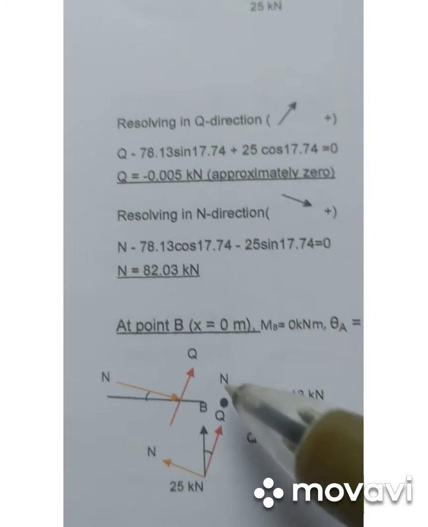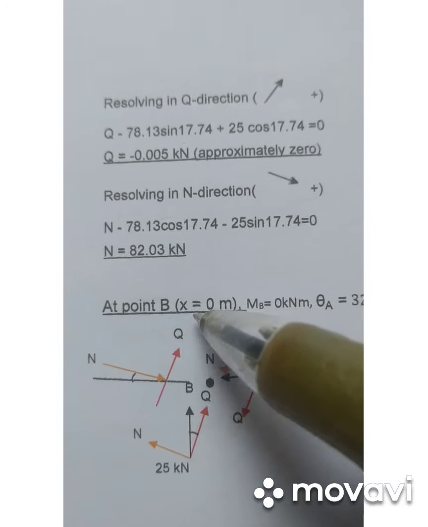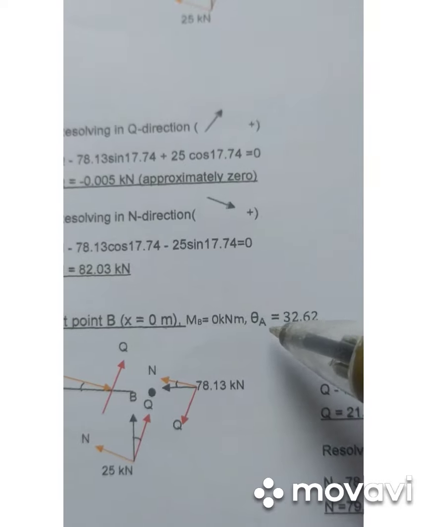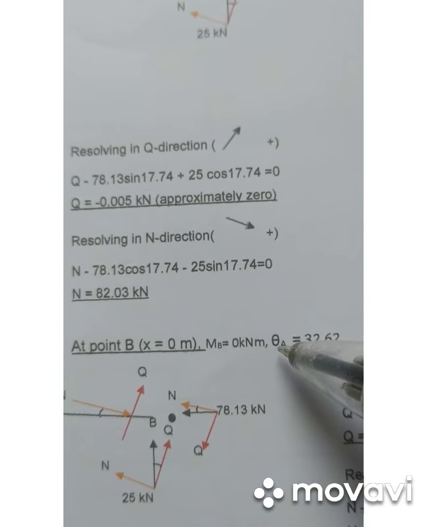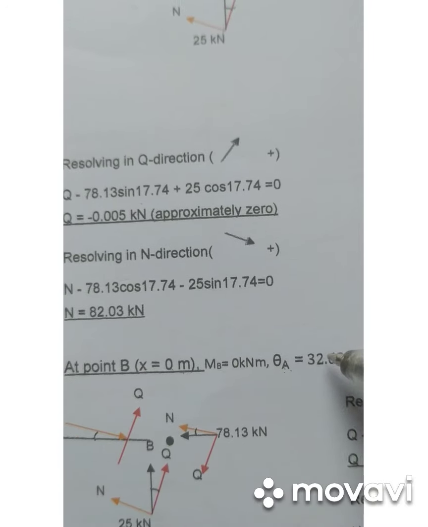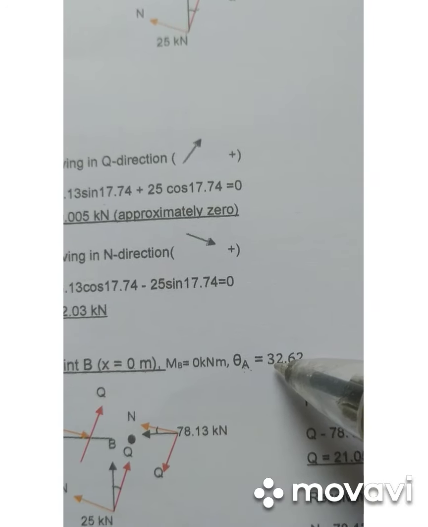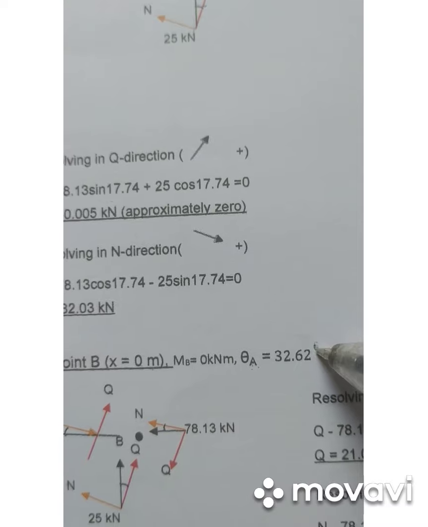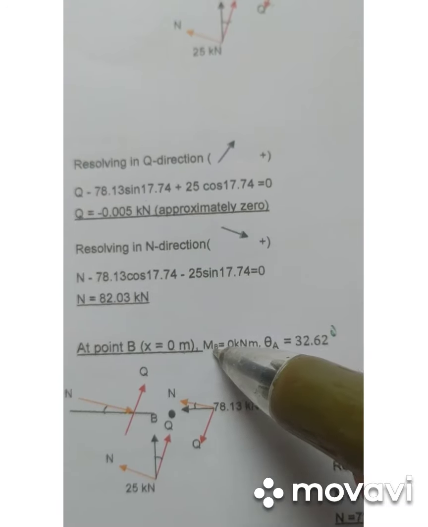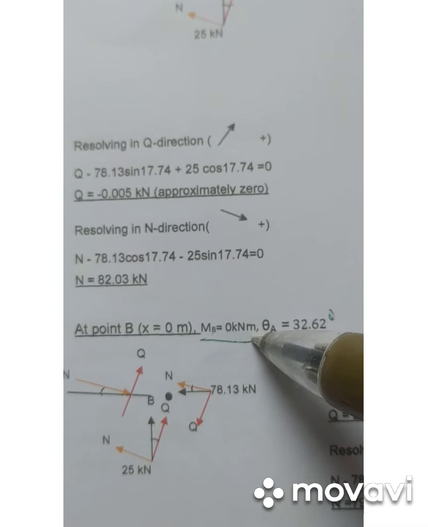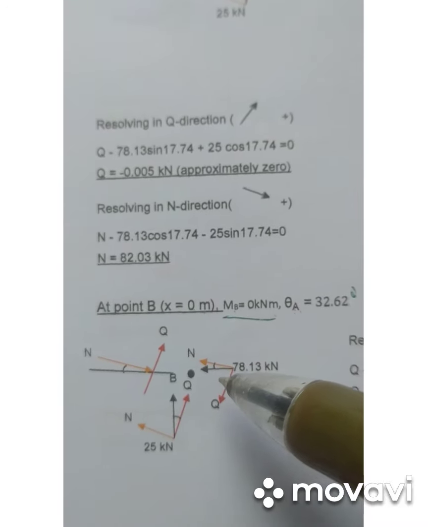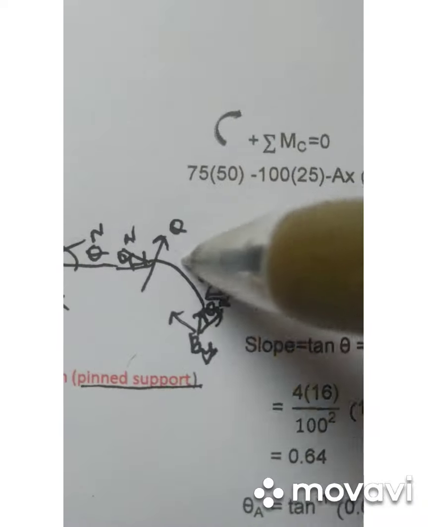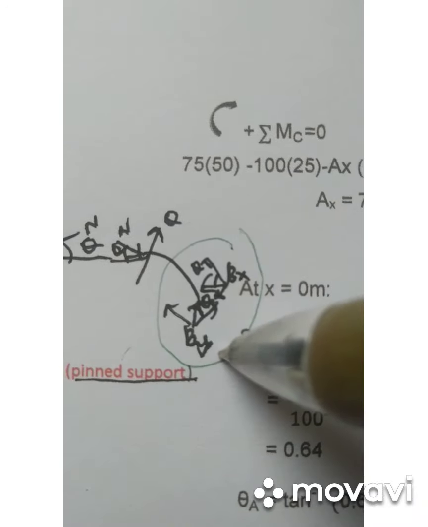And then you proceed with point B. Point B is equal to 0 meter. So similar to point A, the degree of theta A you get 32.62 degree. And then moment at B equal to 0 kilonewton meter. So resolve it, same like this one.